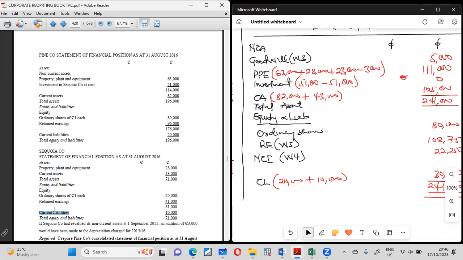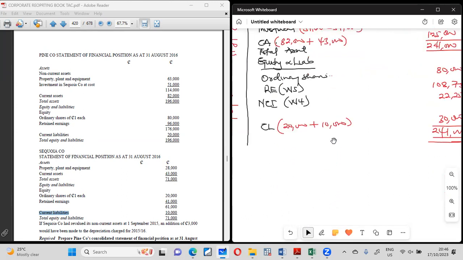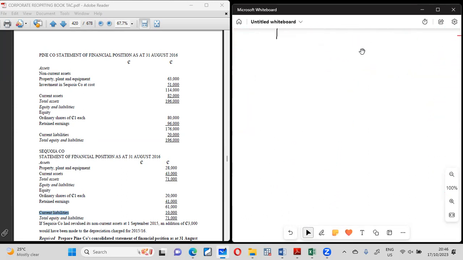What we will be learning next week is what we call the adjustments. I call them the examiner's tricks, which the examiner would use to deceive you into getting certain things wrong. But since you have this fundamental right and you have your format, it's the same thing.